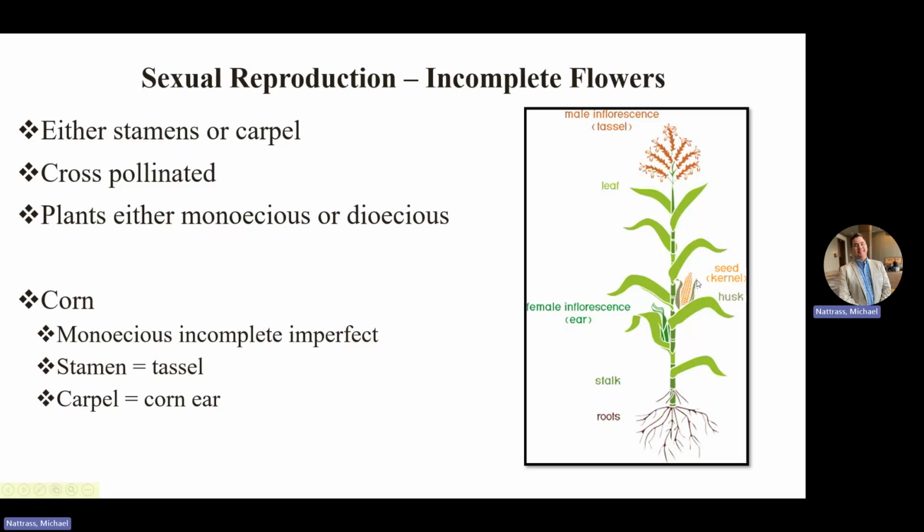And the silk is actually the pollen tube that pollen needs to grow down. And then it fertilizes the egg inside of that little corn ear leaf, and then it will start to grow and reproduce all of these different seeds. So each one of those little stringy things, the silks that you pull out, every seed on that ear of corn has a silk associated with it.